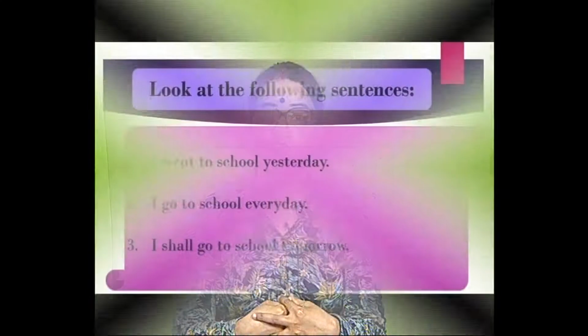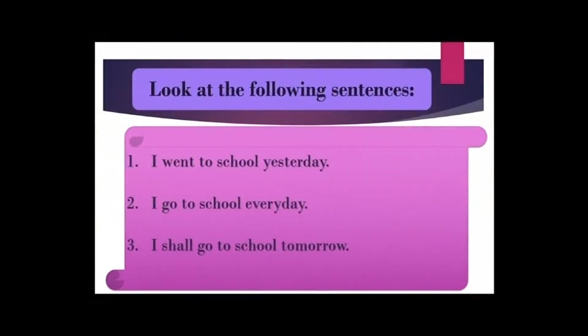Look at the following sentences. I went to school yesterday. I go to school every day. I shall go to school tomorrow. In these three sentences, you can see the change of the verb go.